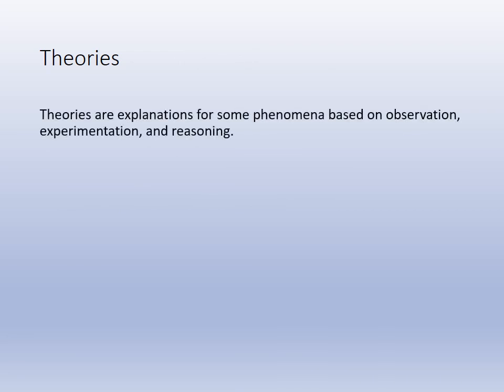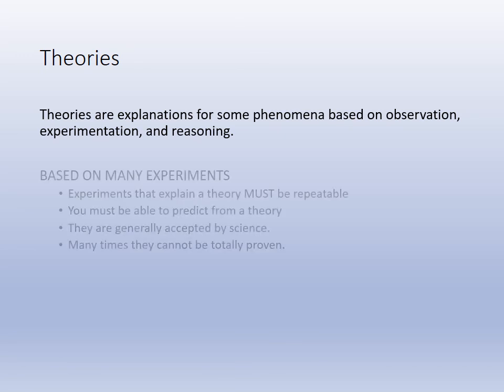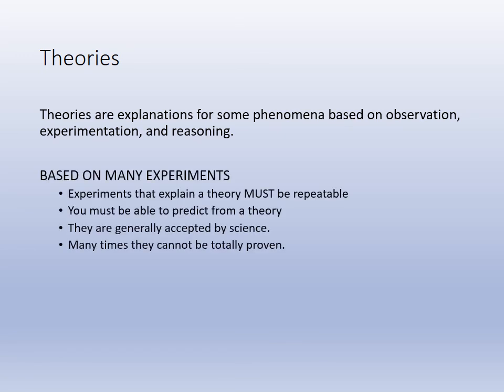So theories, like I said, they're explanations, they're based on experimentation, they're generally accepted by the scientific community, they're always changing, so they're not fact, they're not law, they can't be totally proven. You cannot cut the Earth in half, you cannot get a picture of the Milky Way galaxy because we can't travel out of the Milky Way and get a picture of it, so those are models used to explain theories.